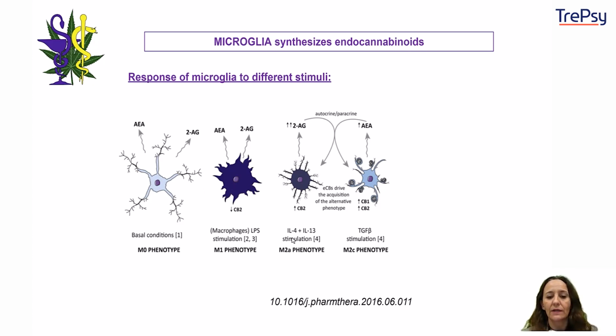When the microglia is stimulated to a more reparatory, more stable state, CB2 is expressed in both subclassifications of the M2 phenotype. So this is very important in the maintaining of the homeostasis and the repairing phenotype.